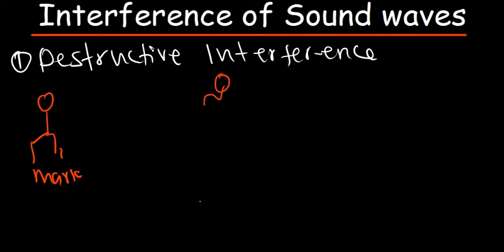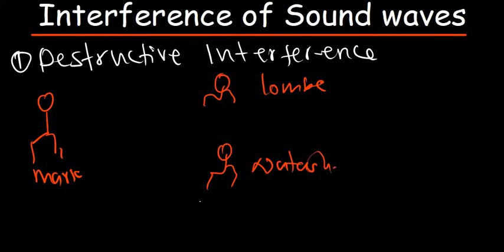I'm going to have Lombe here, and then I'm going to have another person, Natasha. The distance from each of them to Mark is the same.